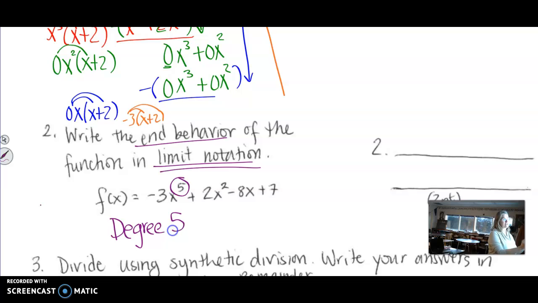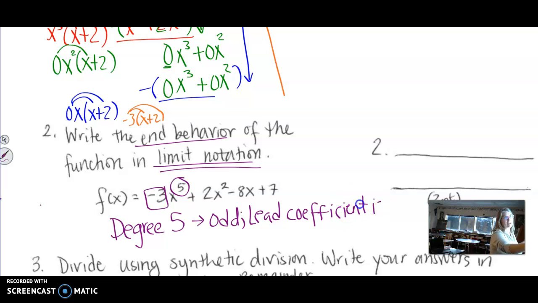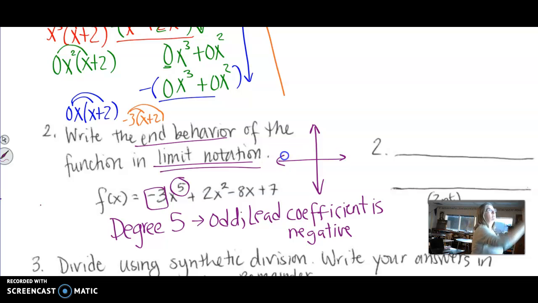The degree is 5, which is odd, which means the ends of my graph are going to go in opposite directions. Odd degree goes in opposite directions, and the direction it's going to take depends on the lead coefficient. We're just looking to see if it's positive or negative, and in this case it's a -3, so a negative lead coefficient means the ends of the graph, I don't know what's happening in the middle.